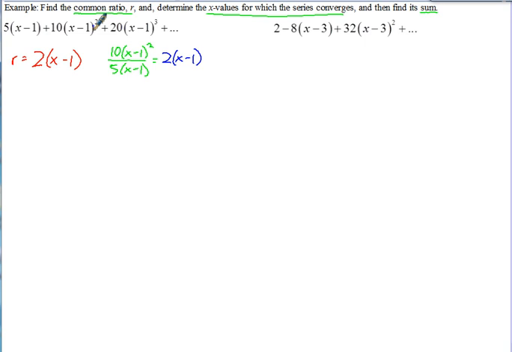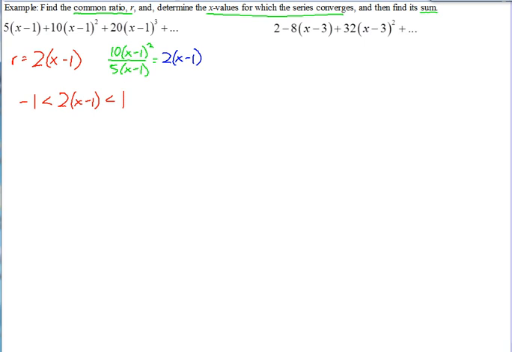So for this to converge, remember r has to be between -1 and 1. So let's go ahead and put r, which is this expression, between -1 and 1 to determine the x values for which the series converges. So if we say -1 is less than 2 times x minus 1, which is less than 1, and then we want to solve this for x.